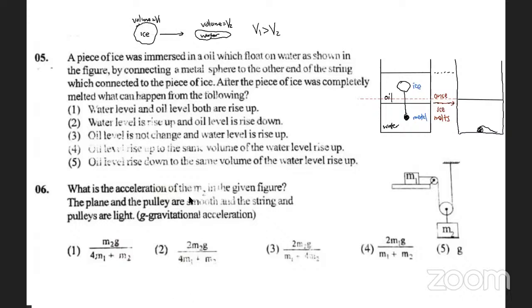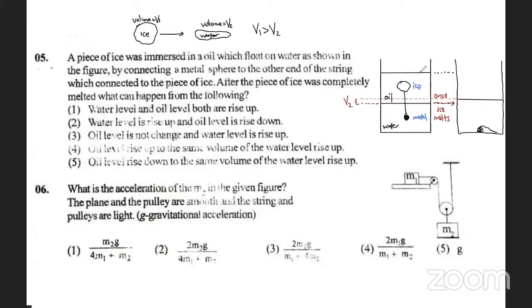It will be V2. Now this is water. More water is added to that. So the increment in this volume is V2. Remember, V2, because ice melts and becomes V2 volume of water, and that water will go below the oil, because water is denser than oil. V2 has gone up.